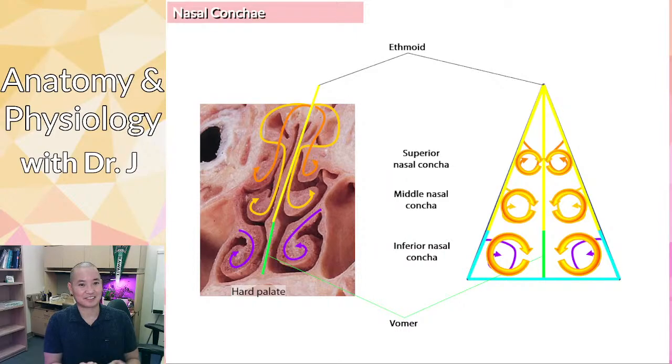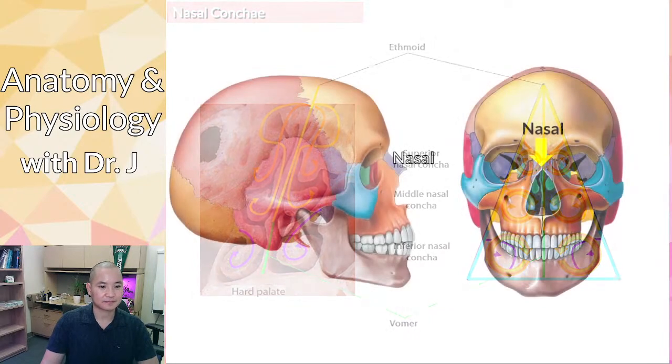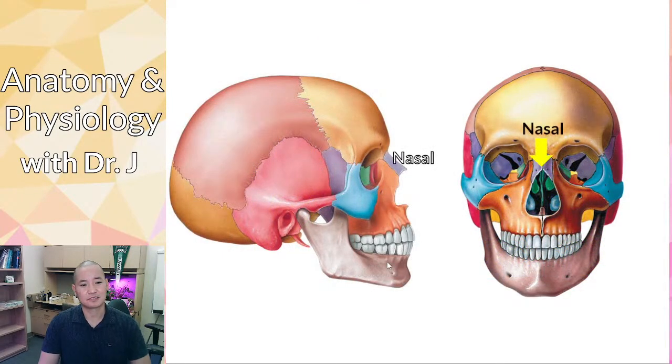The other bonus of swirling is that you have all this mucus in your nasal cavity, so dust, bacteria, or pathogens get trapped in the mucus, and then the mucus can be blown out of your nasal cavity.